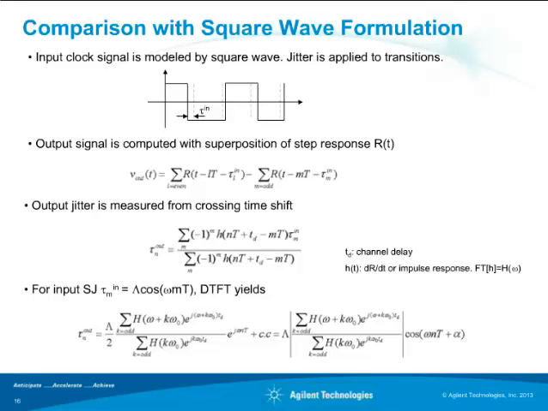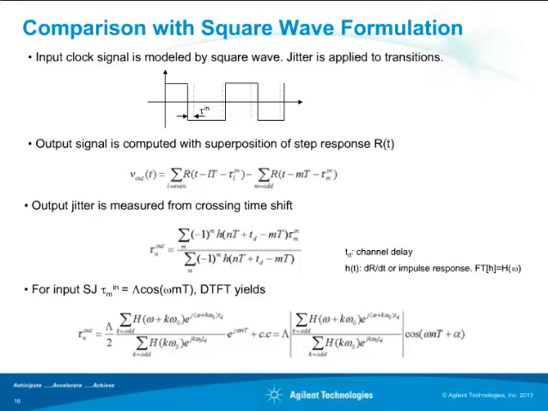And assuming the channel is linear, we can calculate the output signal by the linear superposition of step responses, as we show in the middle of this slide, where R is the step response, T is the UI, unit interval, and tau in is the input jitter.